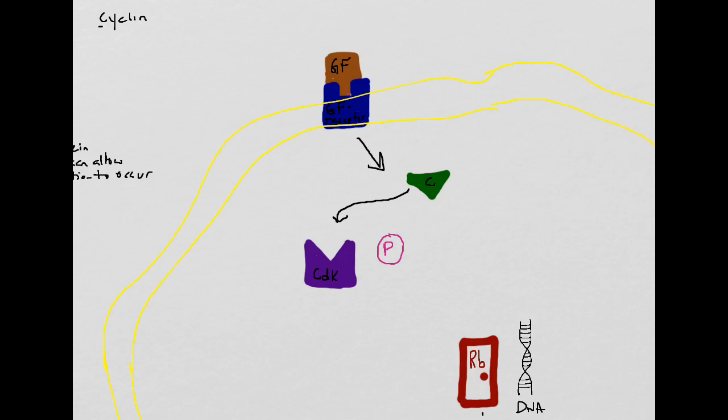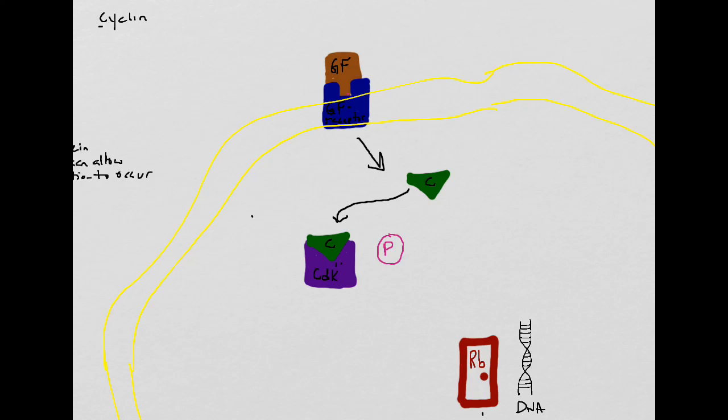And remember what kinases do. What do kinases do? Kinases transfer phosphates. So once CDK becomes activated, because it is a cyclin-dependent kinase, the kinase activity is dependent on this protein binding cyclin. Okay, that's what happens there.